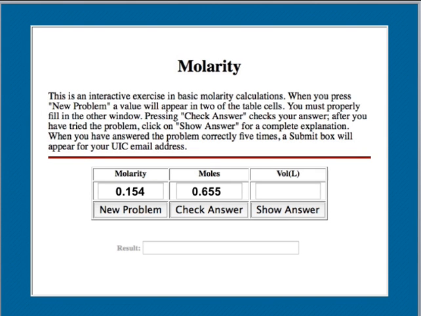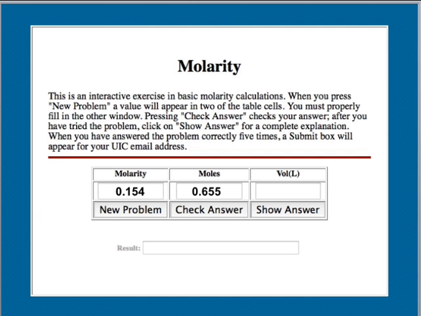Here we are given molarity. We're given the moles. What's our volume? We remember molarity is simply moles divided by volume, right?